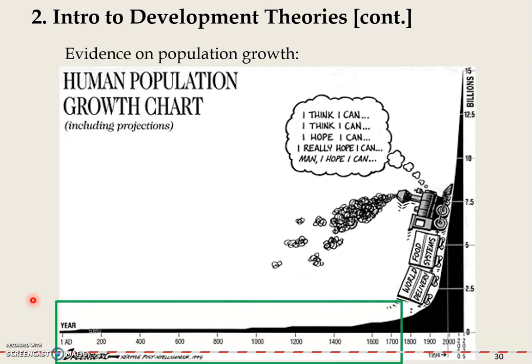There was moderate growth over time, but again, it took a very long time, and there are a lot of ups and downs, because of natural disaster, weather, famine, civil war, things like that, which periodically brought down the world population.